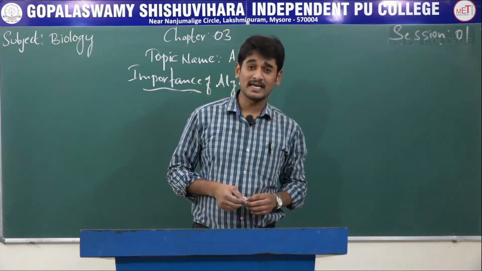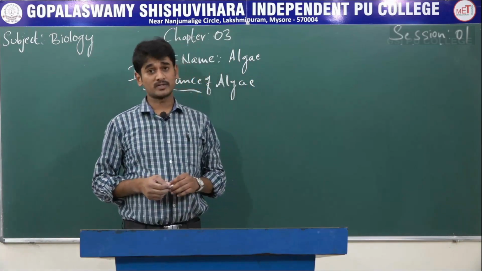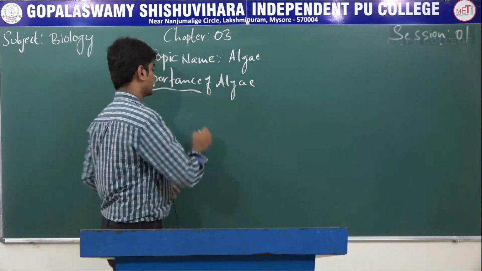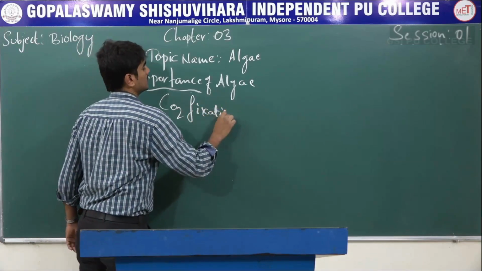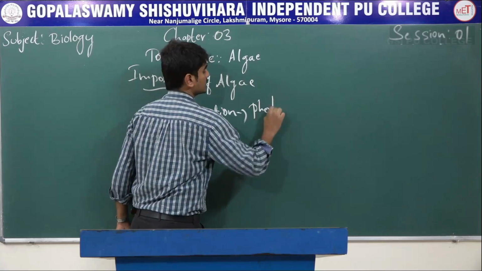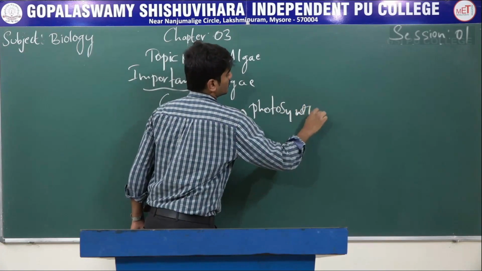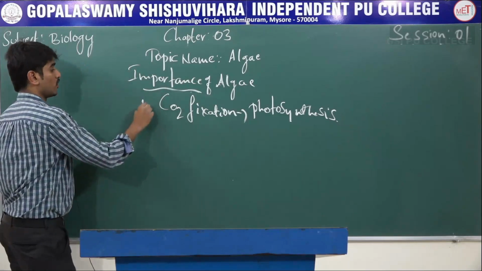Almost all carbon dioxide fixation on Earth is carried out by algae by the process of photosynthesis. This is number one.